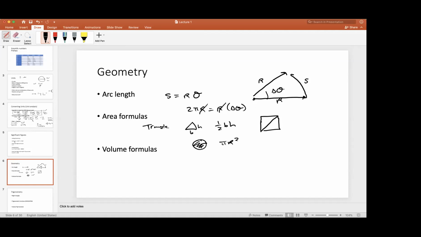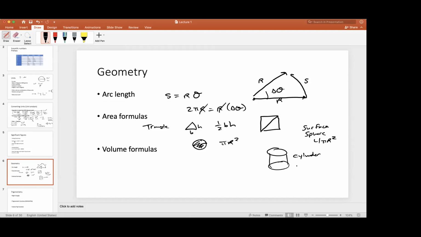The surface area of a sphere, I should say, is 4 pi r squared. And for a cylinder, if we include both the top and the bottom, as we go up, we could integrate this and solve it.